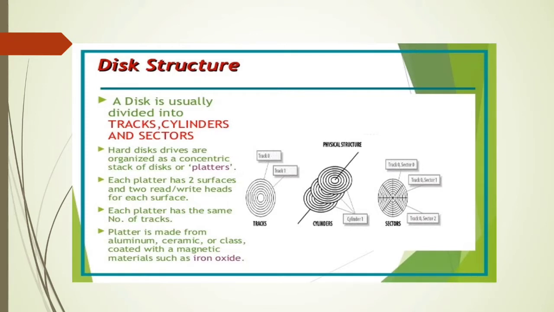Each platter has two surfaces, front and back, and each platter has a read-write head for each of its surfaces. The platters, arranged sequentially in a cylindrical form, have the same number of tracks. These platters are made of aluminium, ceramic, or glass, which is again coated with a magnetic material called iron oxide.